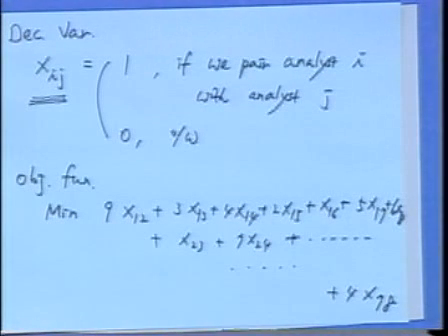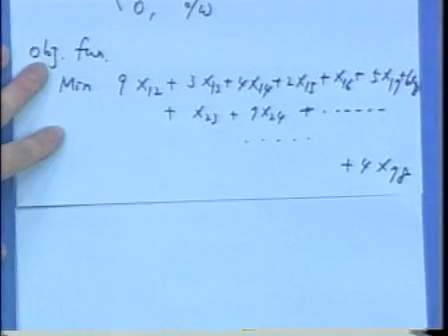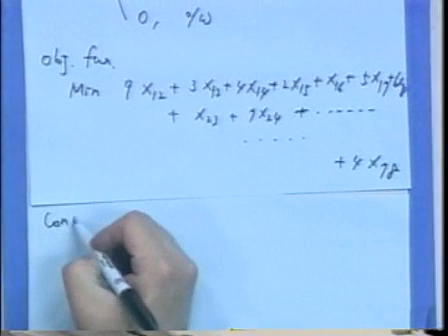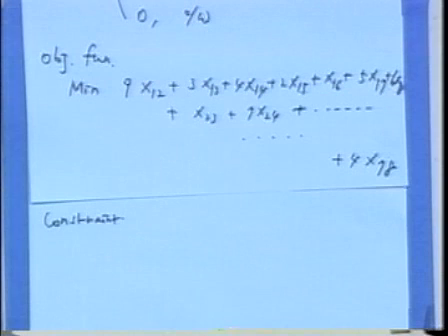And what constraints do we need to consider? Each analyst is paired with exactly one other analyst, right?